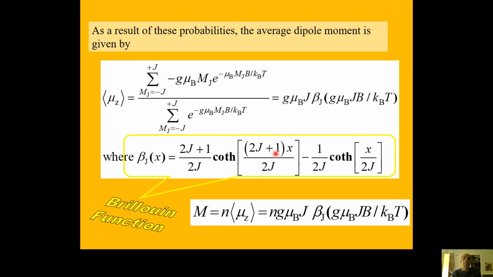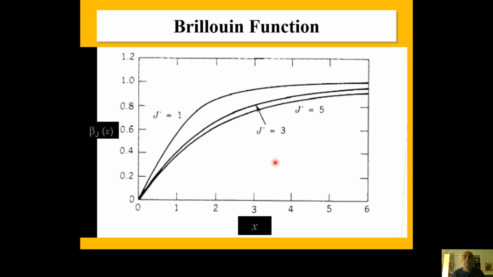So that's the general definition of the Brillouin function. Typically if you plot this Brillouin function with x, it shows this kind of behavior for different j values, going from 1, 3, and 5. You can see that for high x values, the Brillouin function approaches a constant value 1, but for low x values, it is pretty linear, so we can easily approximate that.